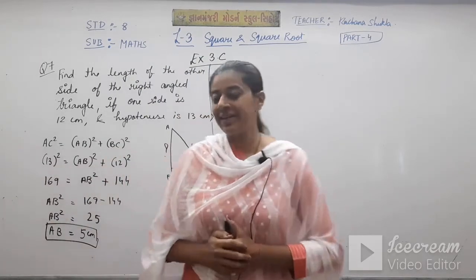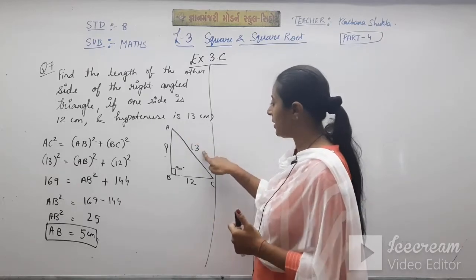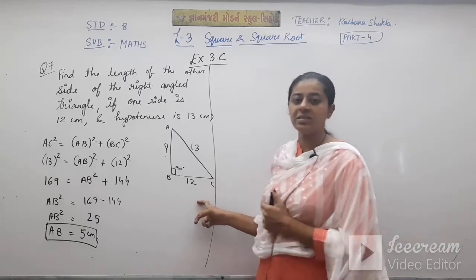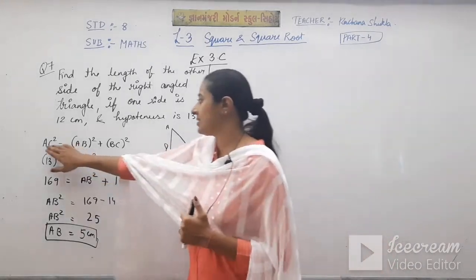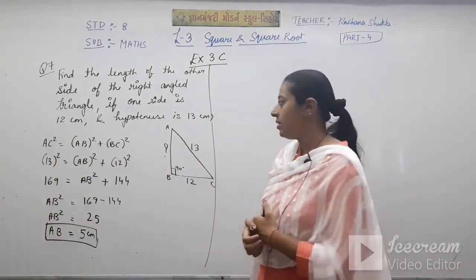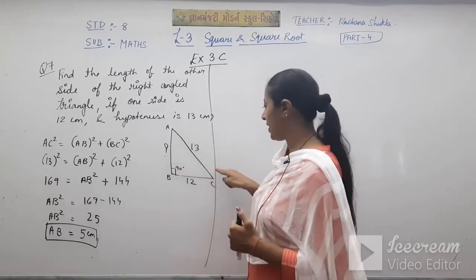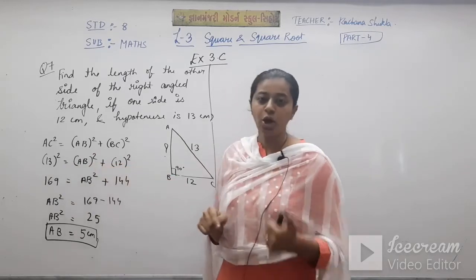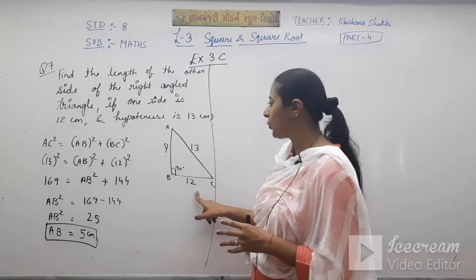Look here, I will explain. This is the diagram. AC is the hypotenuse, AB is one side, BC is another side. BC is given as 12, AB is not given. So AC square is equal to AB square plus BC square. AC square is 13 square, AB we keep as AB, and BC square is 12 square.